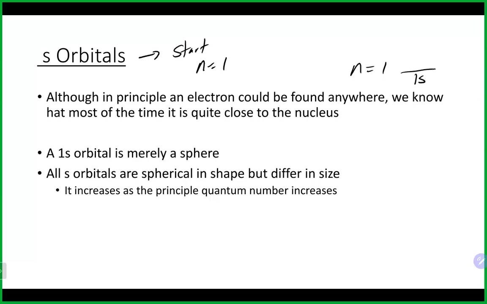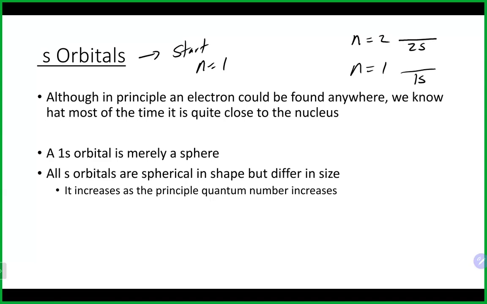The 1 means it's on the first energy level, and you will find an s orbital on every energy level. But when you go to the second energy level, it's now known as a 2s orbital. The 2 meaning it's on the second energy level, and it's an s orbital. 3s, 4s, 5s, and so forth. So on every energy level, starting with the first one, you will find s orbitals.